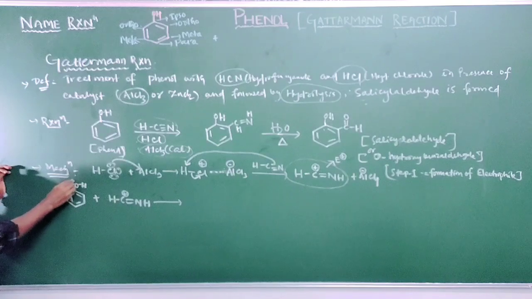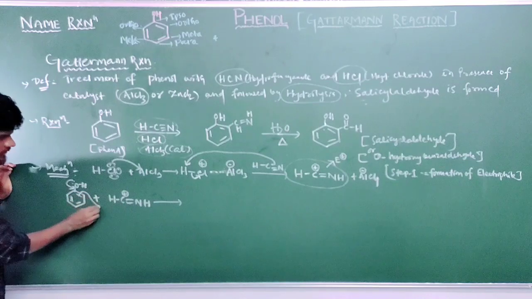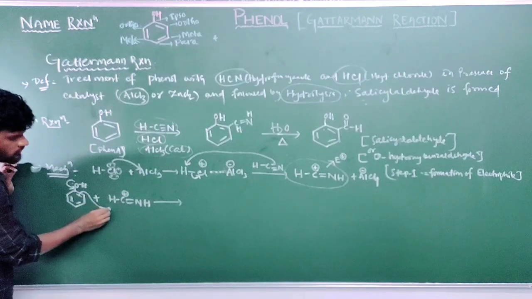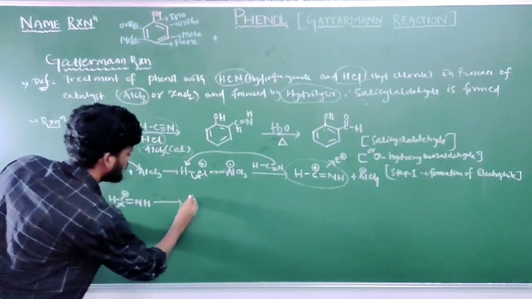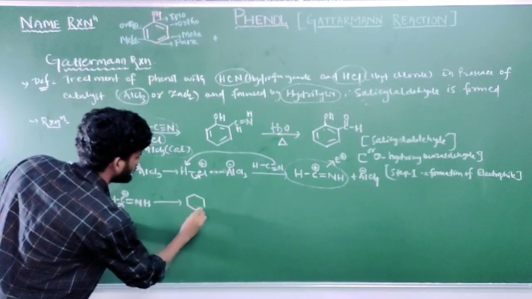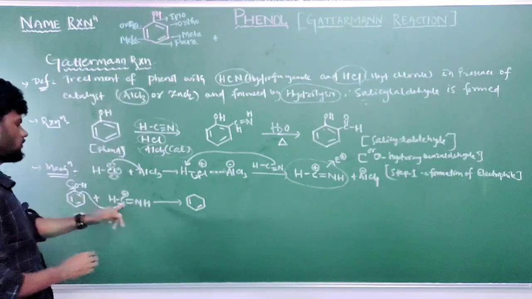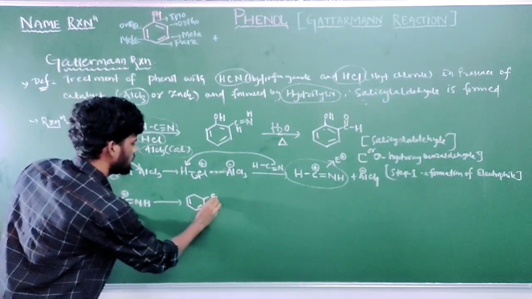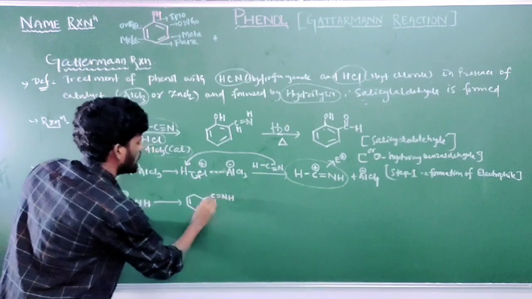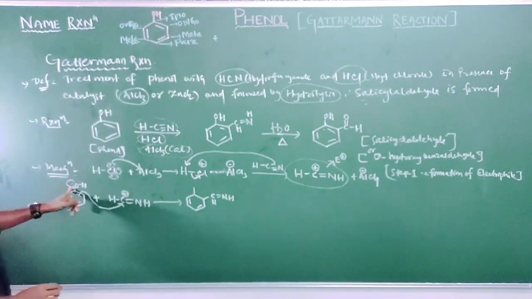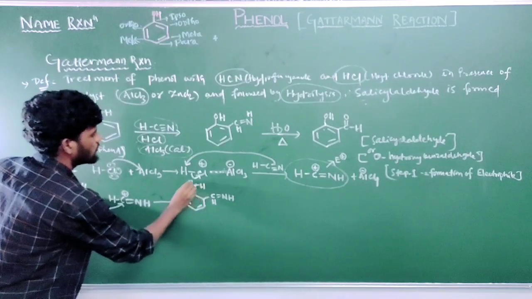The oxygen lone pair moves over to the ring, then this bond will attack which carbon center? Here carbon is the electrophile, with positive charge. So at the ortho position this group, CH double bond NH, will attach, and as oxygen donates its electron to the ring, there is a double bond to OH and a positive charge over oxygen.